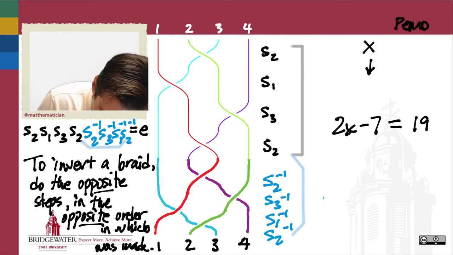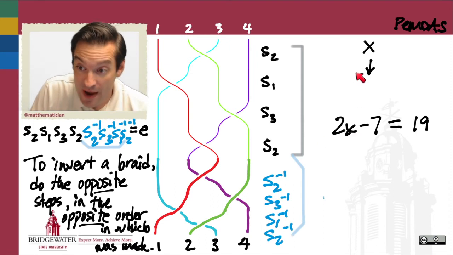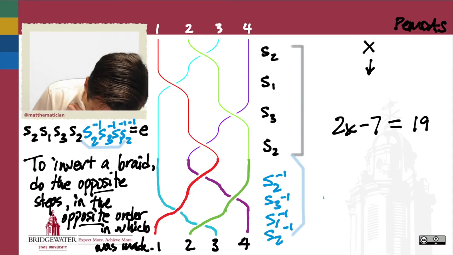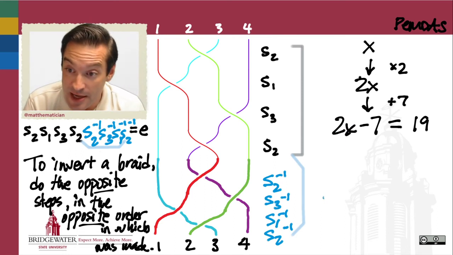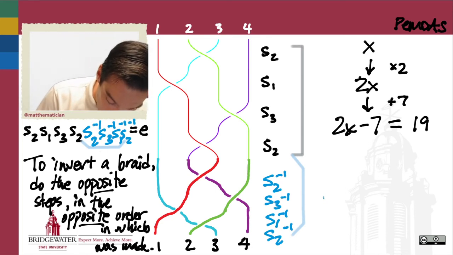That's right. So PEMDAS would tell me that in the expression 2x minus 7, if I'm x, the first thing that's happening to me, according to PEMDAS, is I'm getting multiplied by 2 when this expression is getting built. And then the next thing that's happening to me is I'm adding 7. So that's how I get that expression on the left-hand side. And that's important.